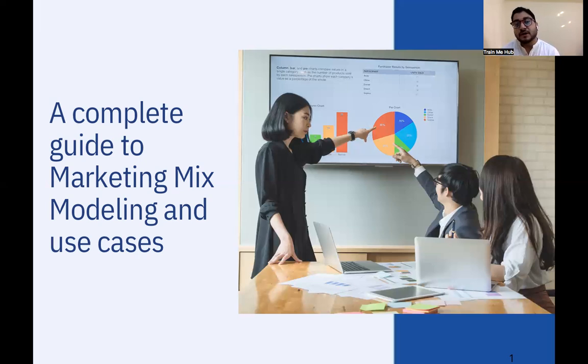So in today's session, we're going to cover the theory part of it. This tutorial will be divided into three sections. The first section will be completely based on theory, where we'll touch base on different terminologies involved in marketing mix modeling. In the second section, we will cover the different techniques and how to play around with data.